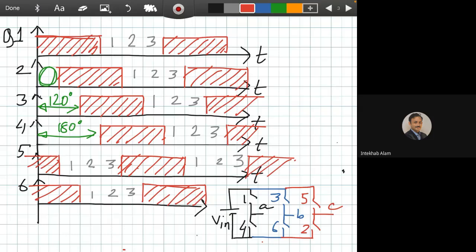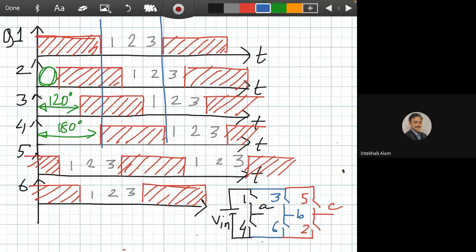Next, you can see that there is no overlap of 4 and 1. Can you see it with the blue line? There is no overlap of Q4 and Q1.